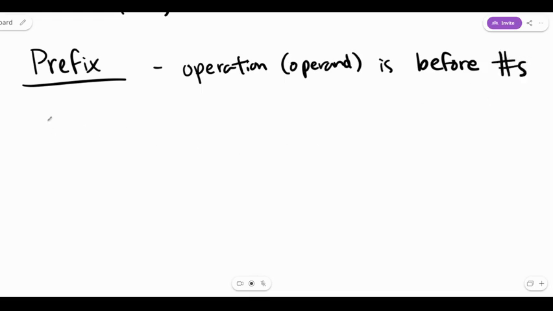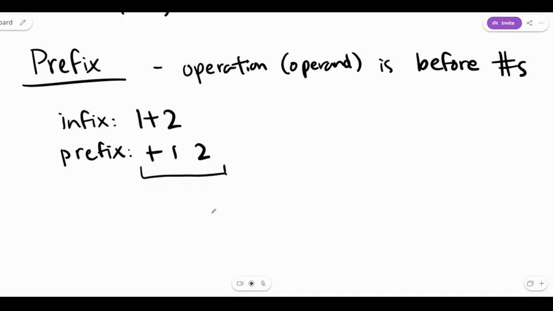So for example, in infix you might have 1 + 2, but in prefix you would have + 1 2. The answer would be 3 when you evaluate it, but notice that the operand of plus is placed before 1 and 2.